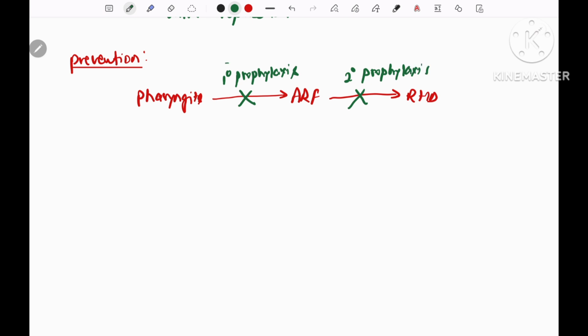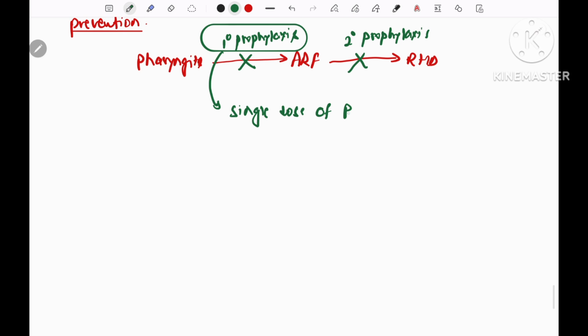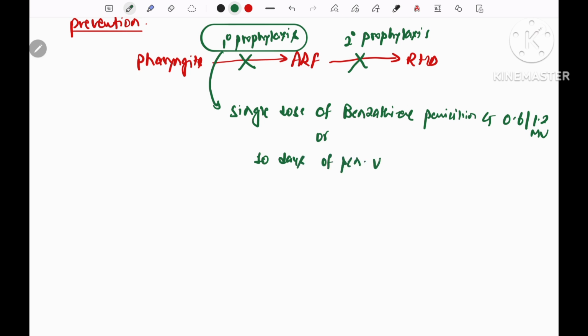So for this primary prophylaxis, we give a single dose of benzathine penicillin G 0.6 or 1.2 million unit, or we give 10-day therapy of penicillin V, 250 mg QID or 500 mg BD.